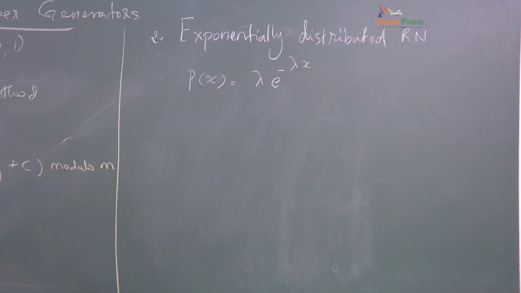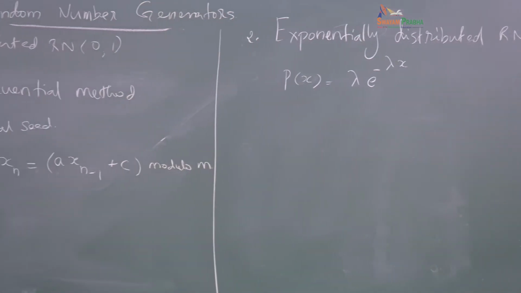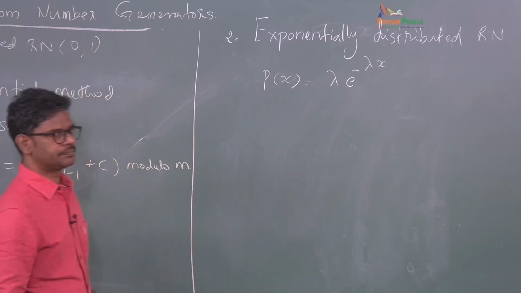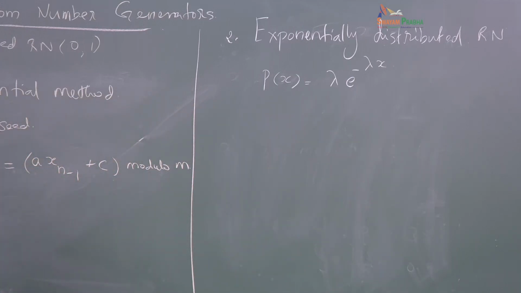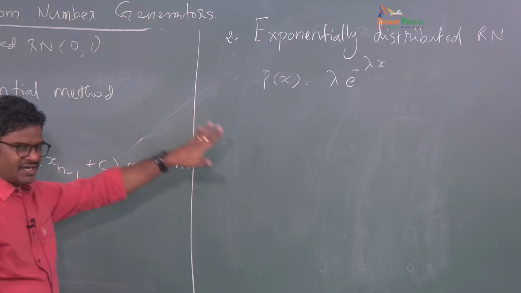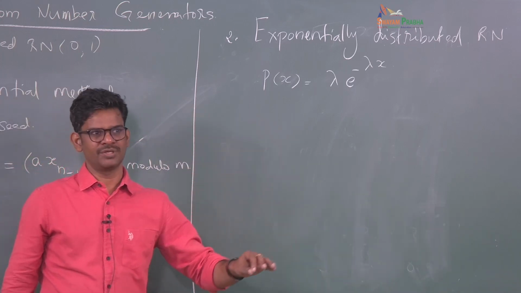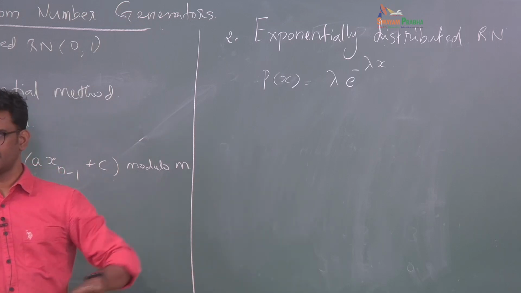So this is the probability density function for the exponential random variable with a parameter lambda. So clearly you can see this x is a random variable which is not uniformly distributed. It has a weightage. The low value numbers are more likely to happen than the high values as per this.